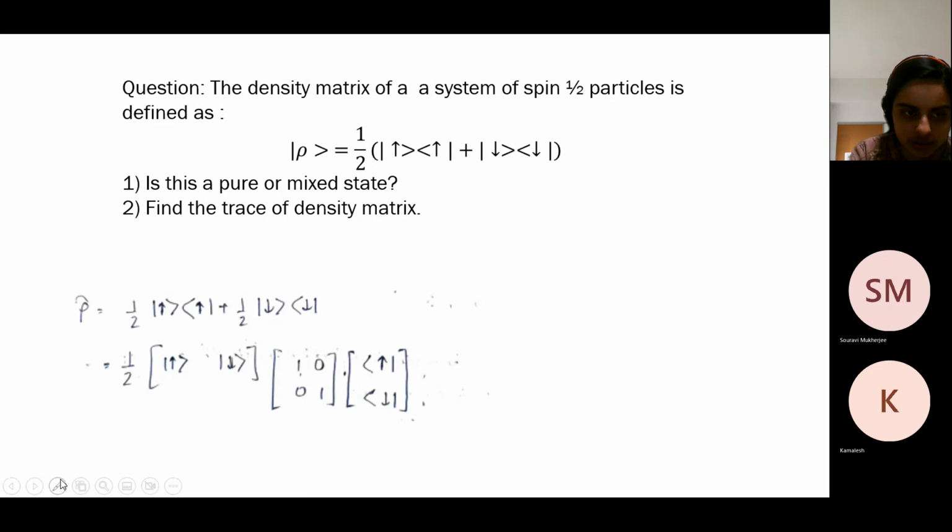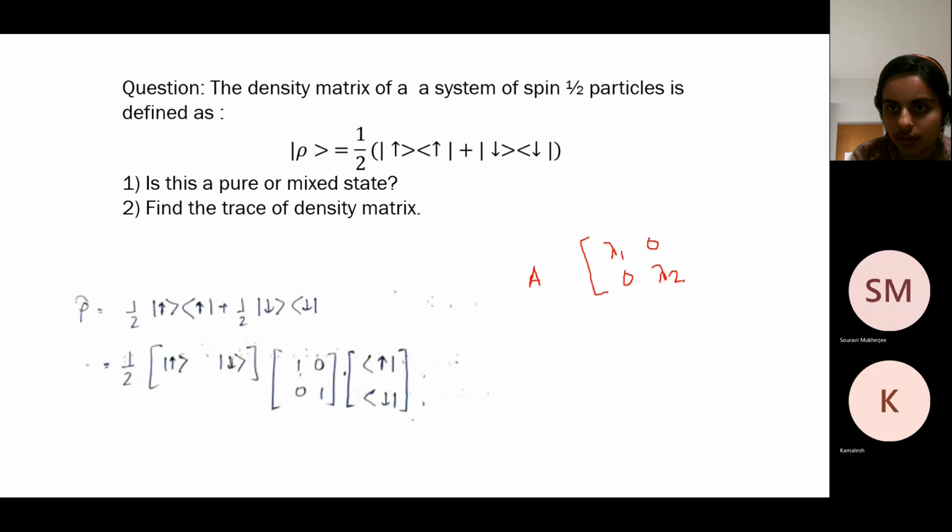So what is an eigenvalue? Suppose you have some matrix, which is given as lambda 1, 0, 0, and lambda 2, right?